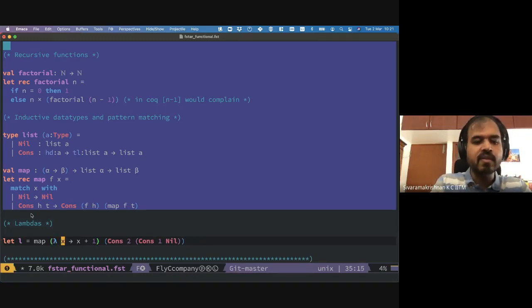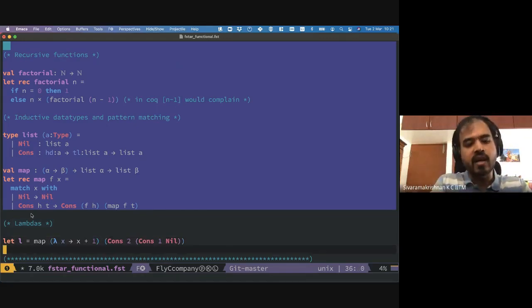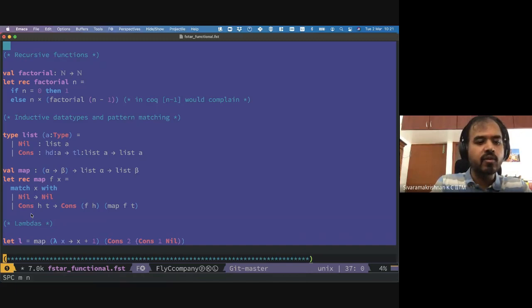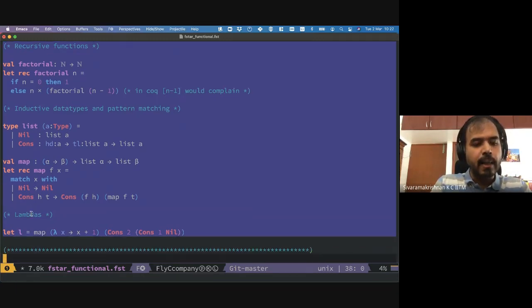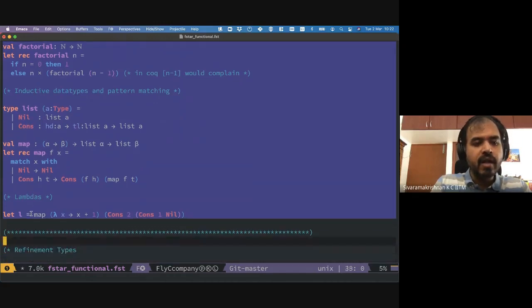So this increments the list element by 1, and you get a list which is 3 and 2, but that's not important. The thing that I wanted to emphasize here is the syntax. Of course, you have lambdas as well, which you expect, right? So that also has compiled. Okay, so any questions so far on this?